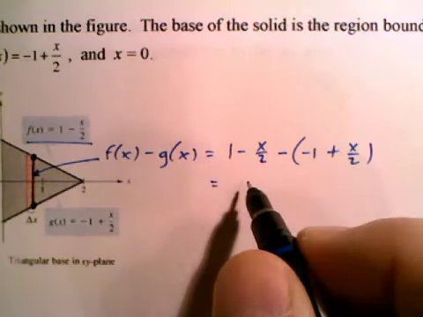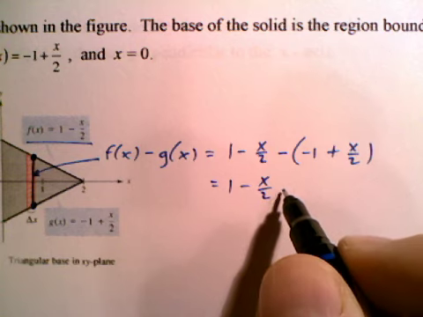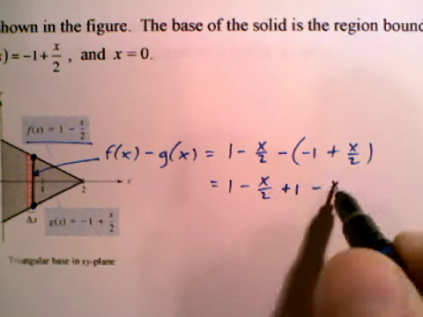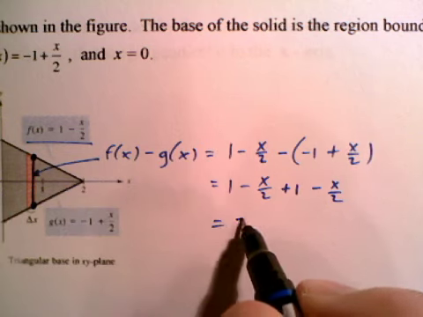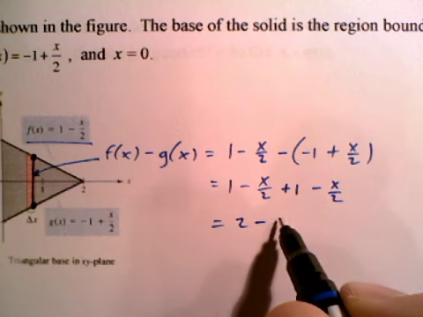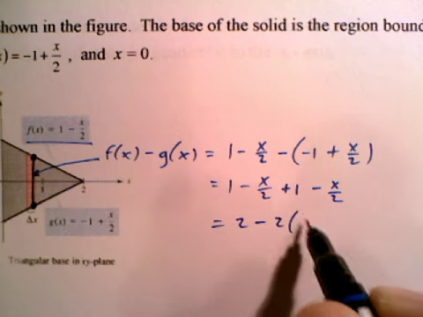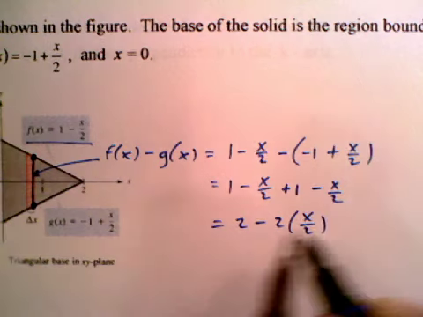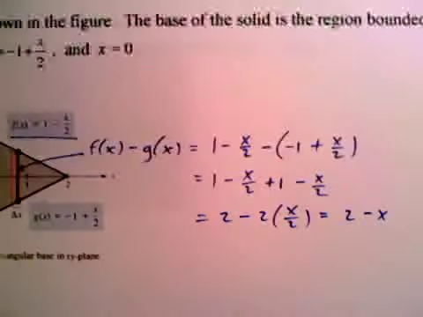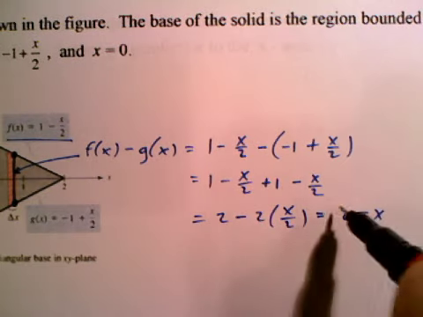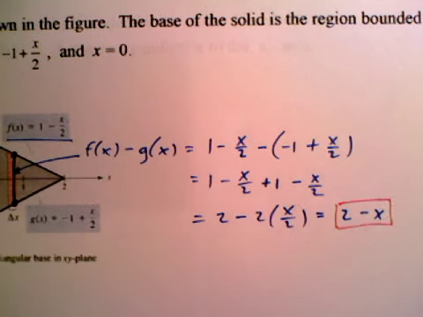We get 1 minus x over 2 minus negative 1 plus x over 2. So we have 2 minus 2 times x over 2, which is equal to 2 minus x. That's a nice and convenient length of a base.